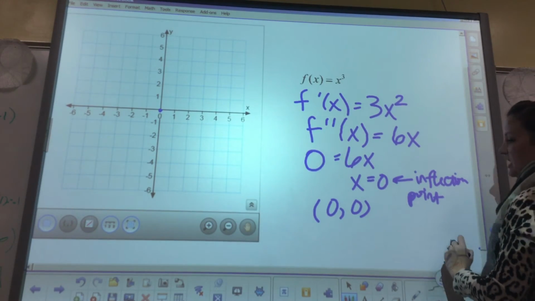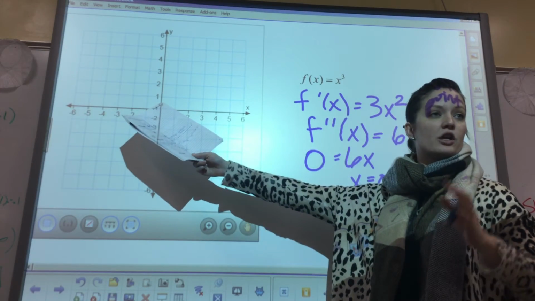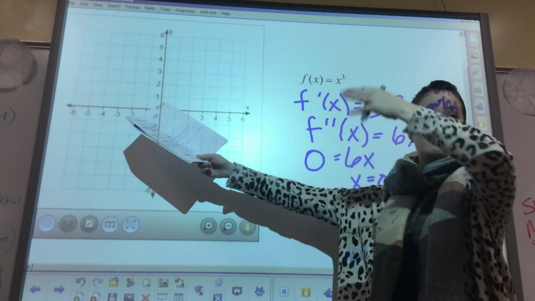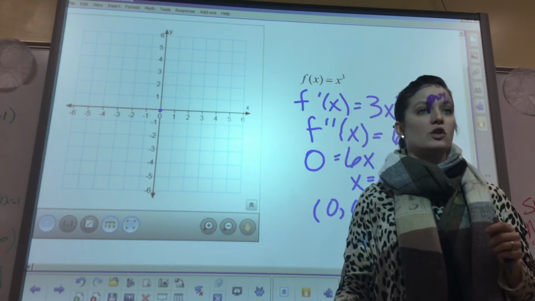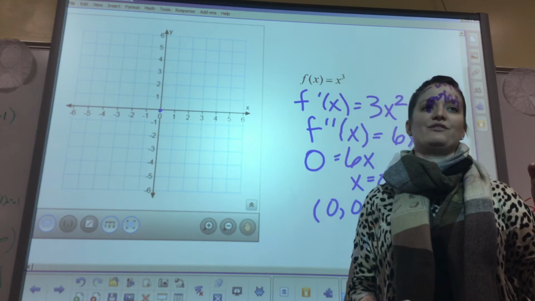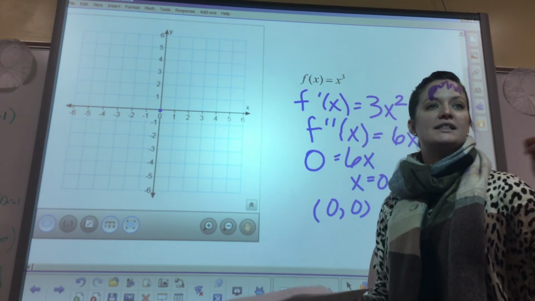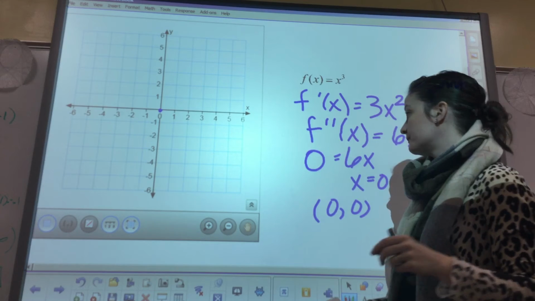So then our same sign analysis applies. We know that at this point, it's either going to be changing from concave down to concave up, or from concave up to concave down. And that kind of gives you a sense of what the function could look like, even if you're just looking at that point of inflection. So we only have so many ways that you can go from concave up to concave down.